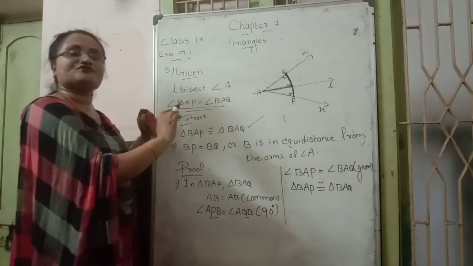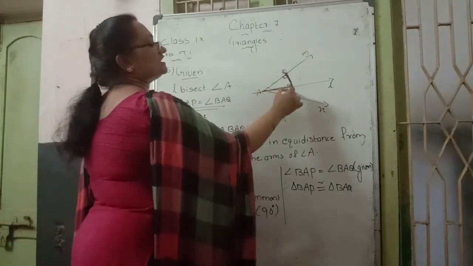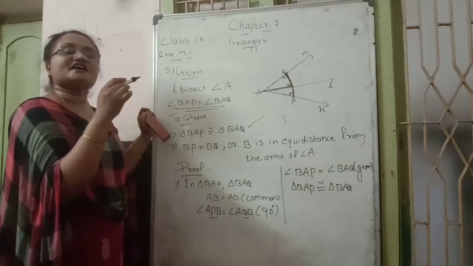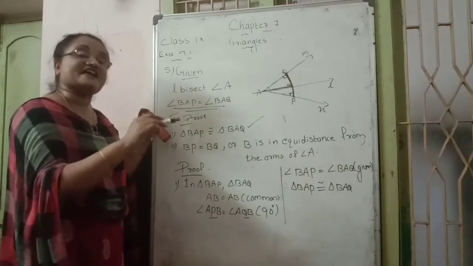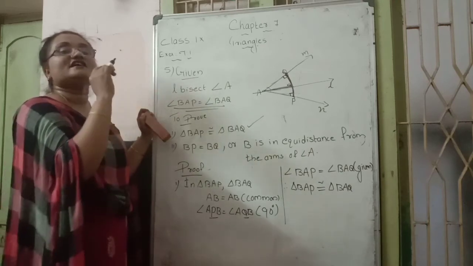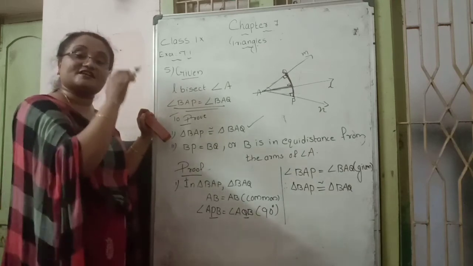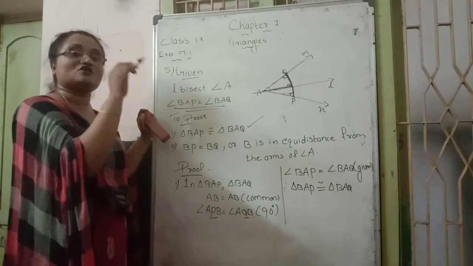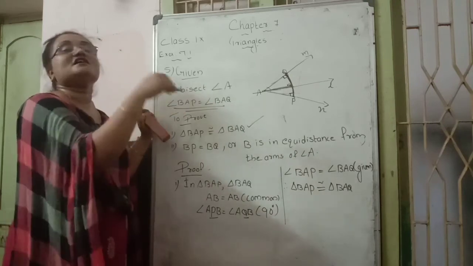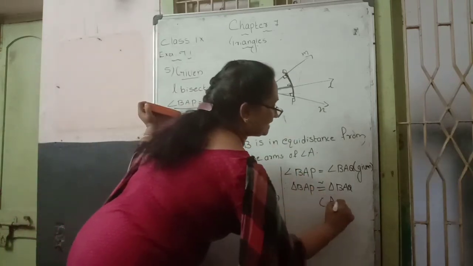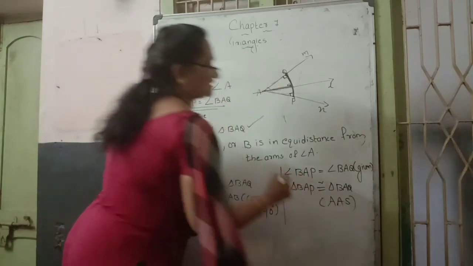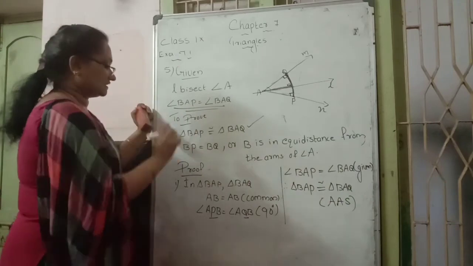It is a side of the triangle, but it is not included between angles P and Q. That's why the property we apply is AAS, not ASA. Why? Because there are two angles, but the other side is not the included side. That is the reason we apply the AAS property. So the first part is completed.